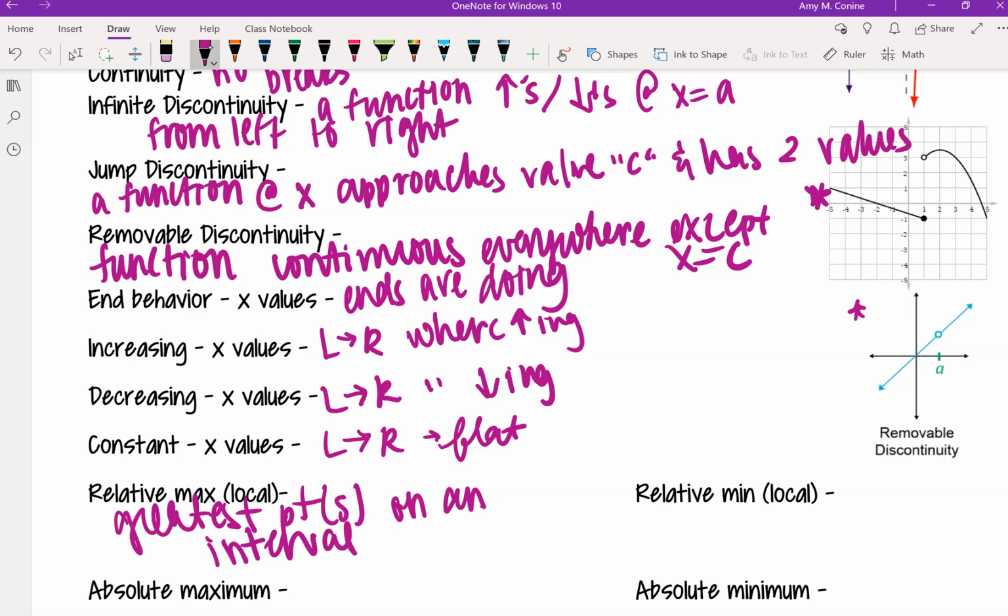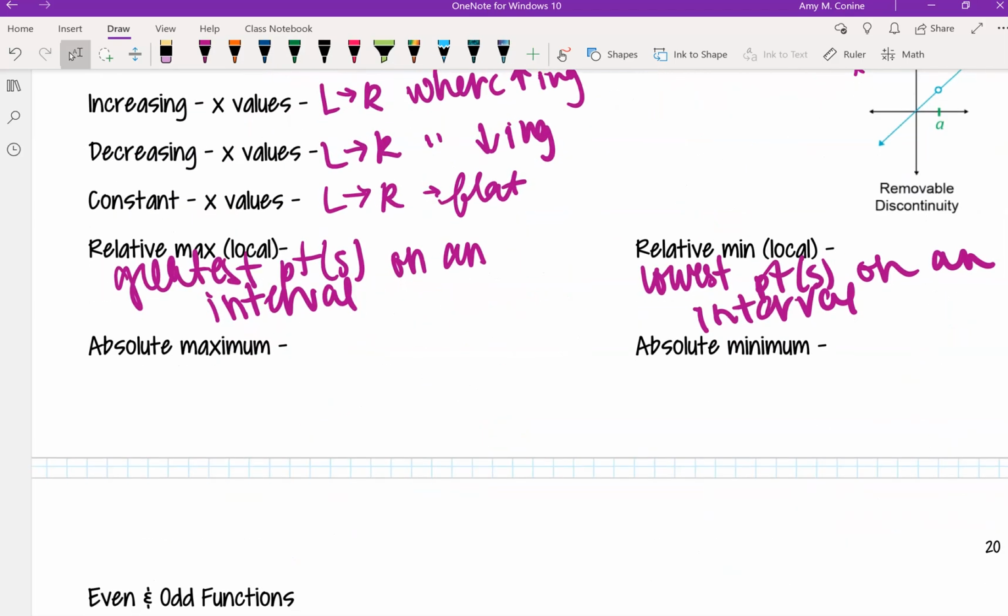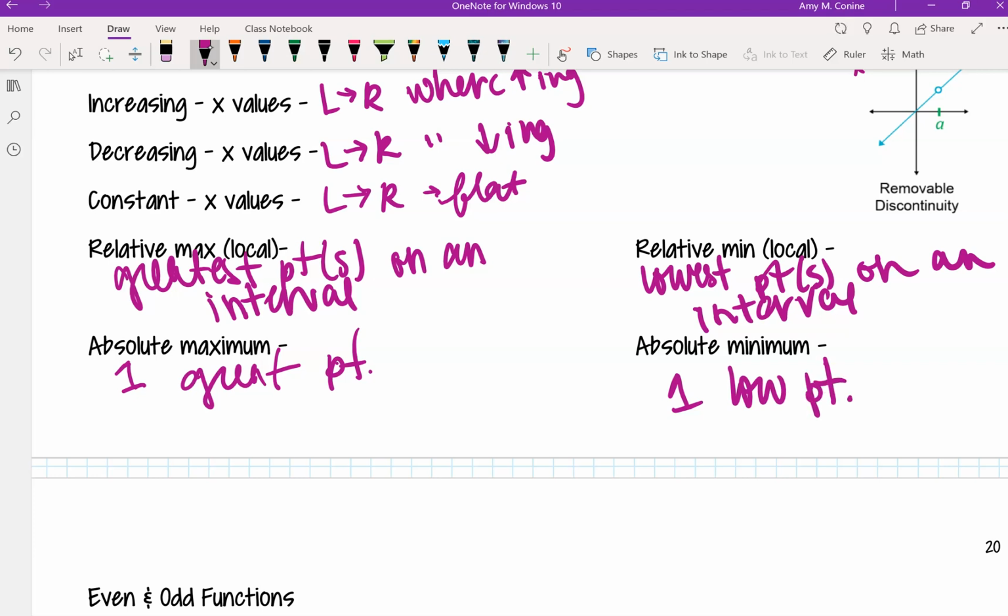Okay, same with relative min, it's the lowest point or points on an interval. And then absolute max and absolute min, that's the one, you'll have just one great point, and absolute min, you'll have one low point, and that's the lowest one or the greatest one, okay? The greatest and the least. Okay, so that's that terminology.